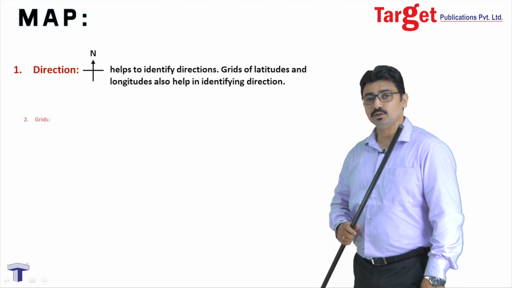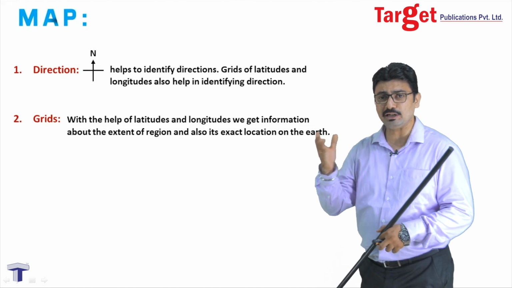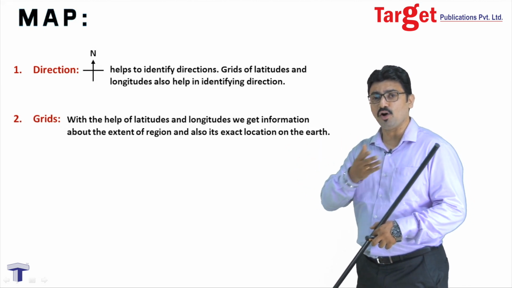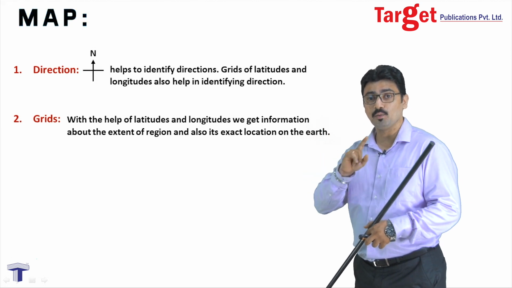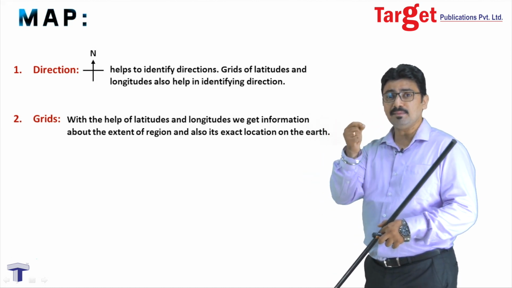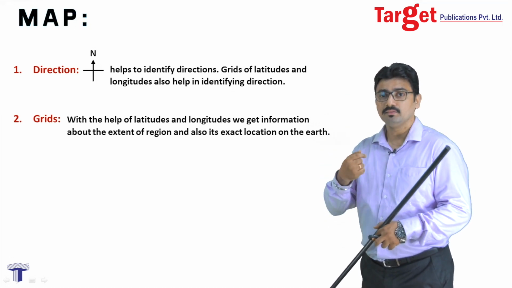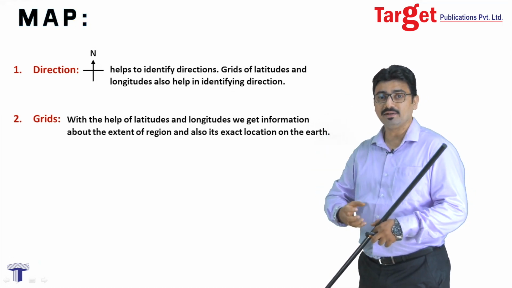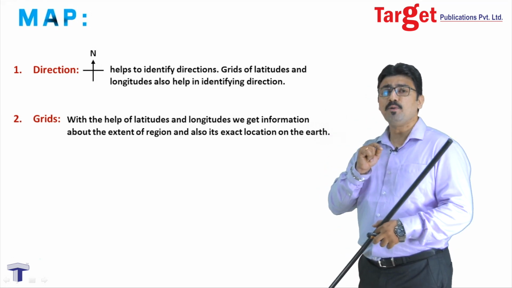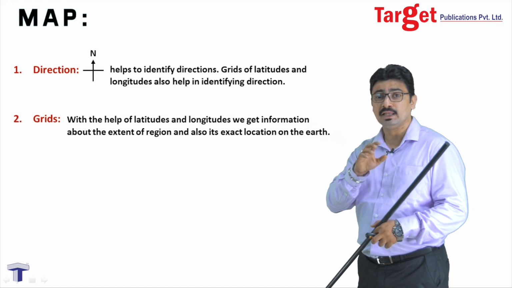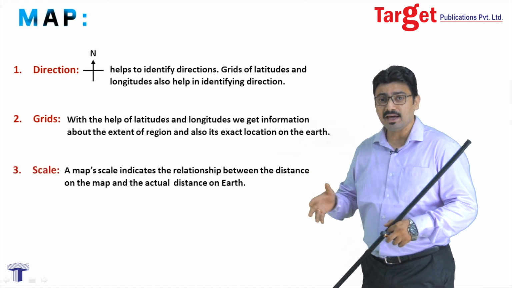The next feature, as we know, was the grids of latitudes and longitudes. The latitudes are horizontal circles parallel to the equator, and longitudes are semicircular lines from the north pole up to the south pole, which form a net of vertical lines. So, grids are also important to understand the extent of a region as well as the location of the region with respect to the entire map.